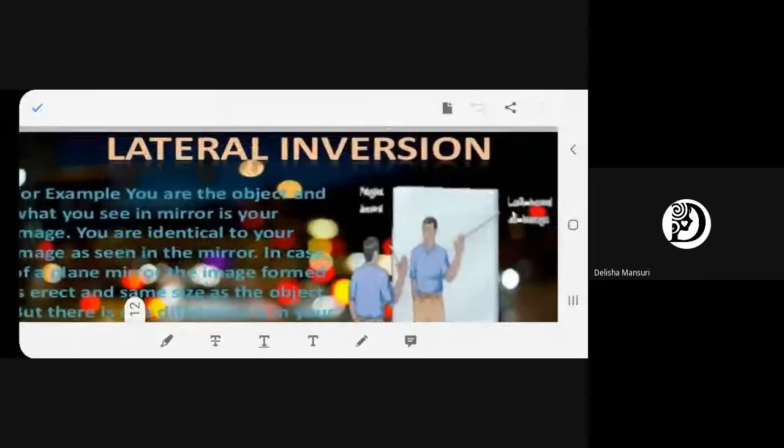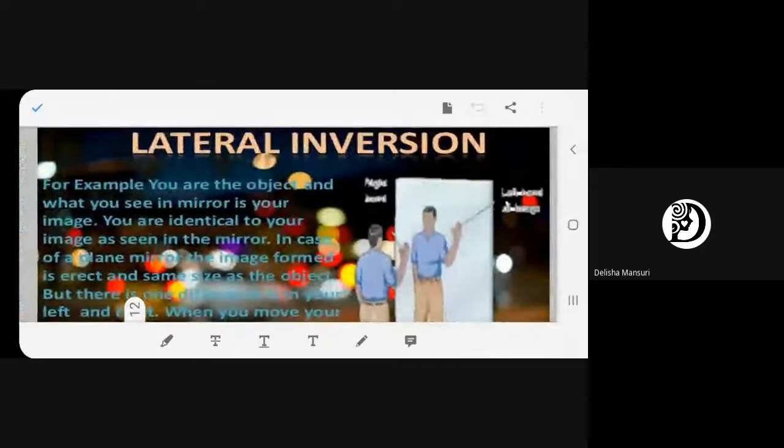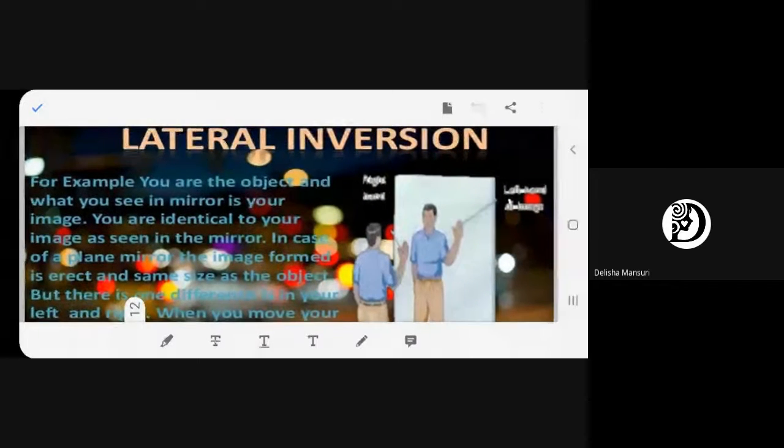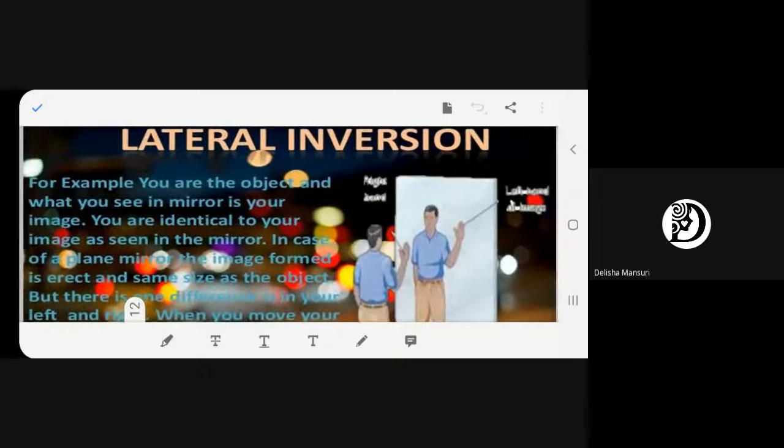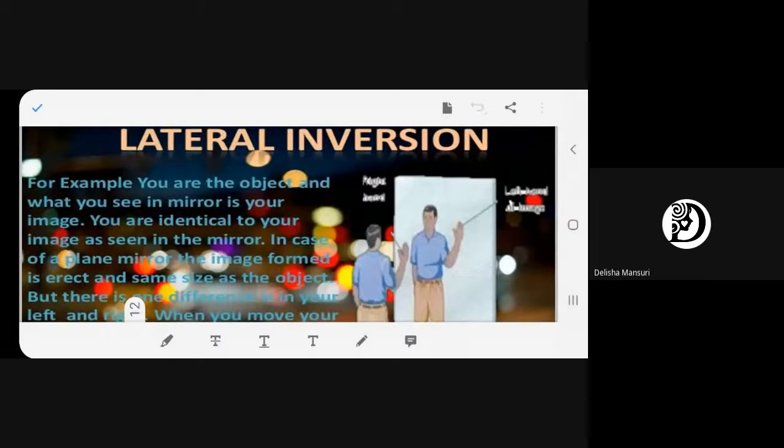Now we'll talk about lateral inversion. You look at yourself in the mirror, isn't it? Do you look at yourself in the mirror or not, beta? Yes. Now, if I ask you to raise your right hand, what will you observe in the image? Will it be the right hand or the left hand?